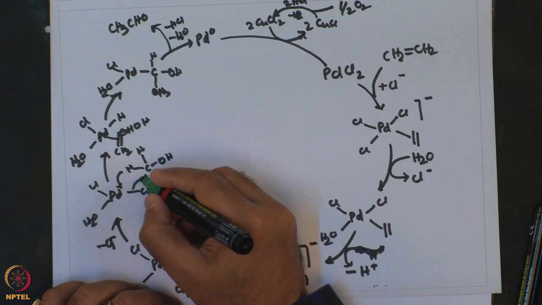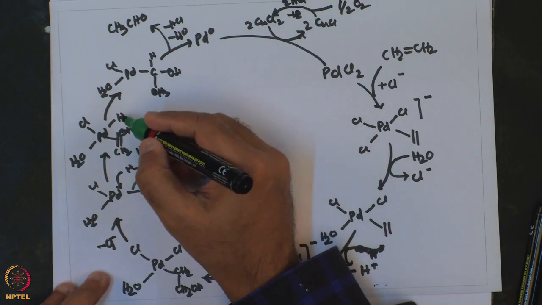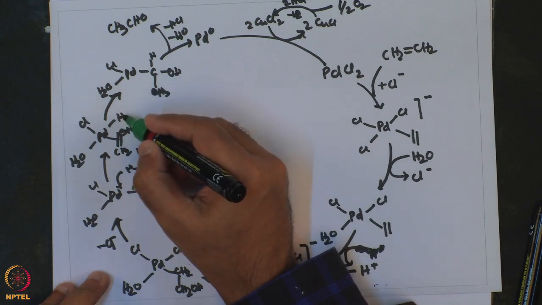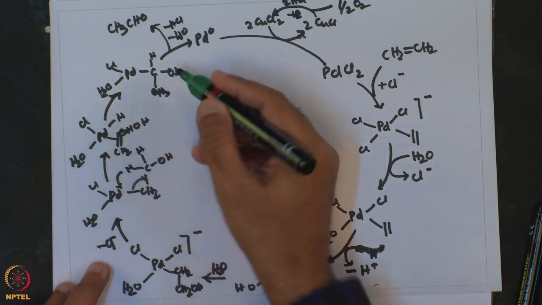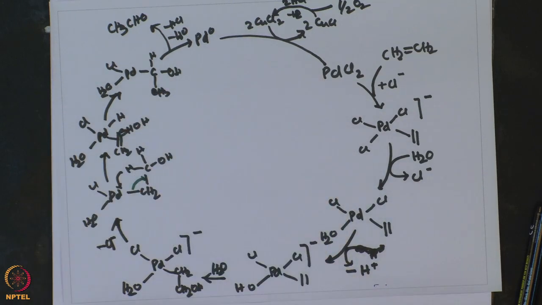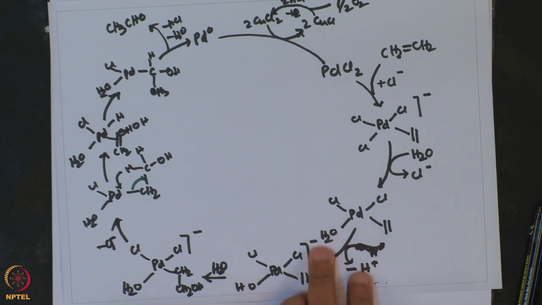So, there are 3 interesting aspects of this reaction. The first is the formation of this olefinic double bond. The second is the attack of this double bond hydrogen on the methyl, which is the formation of the acetaldehyde, and the first one obviously was the attack of the water followed by deprotonation to form the palladium hydroxo species.